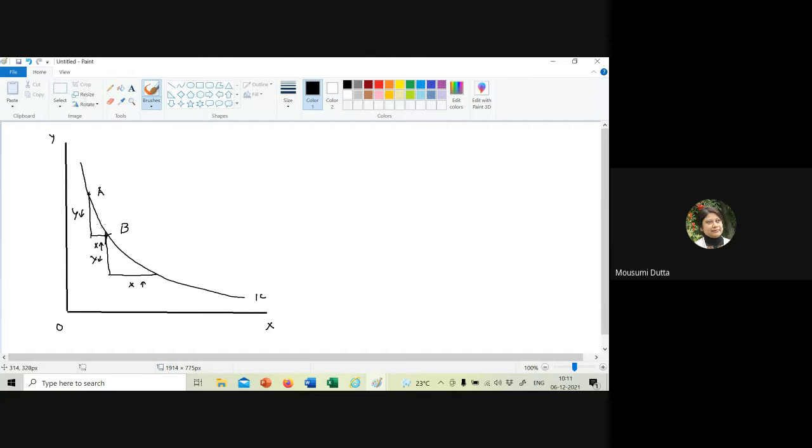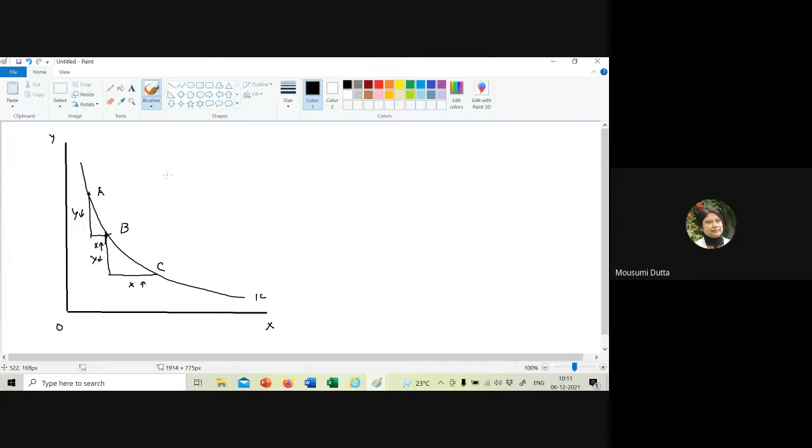However, if I compare the two points, or if I consider the movement from A to B and then B to C, what is happening? I'm losing the same amount of Y between A, B, and C while I'm moving from A to B and then from B to C. However, to compensate the loss in Y, I need more of X. In other words, as I move along the curve from left to right, to meet the same amount of sacrifice in Y, I need more and more of X.